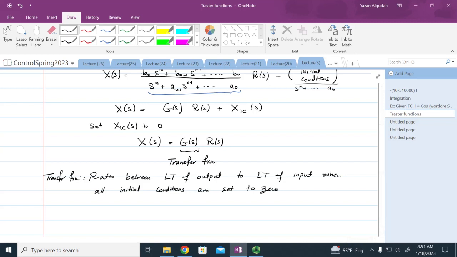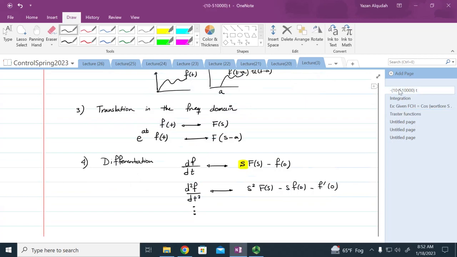So if I have a differential equation that relates the output and the input, the first thing I'm going to do is set the initial conditions to 0. So when I use the differentiation property, I'm going to ignore all the terms that are coming from initial conditions. I'm going to assume all f of zeros, all f prime of zeros, all f double prime of zeros are equal to 0. If these are 0, then what is df/dt going to equal to? s F of s.